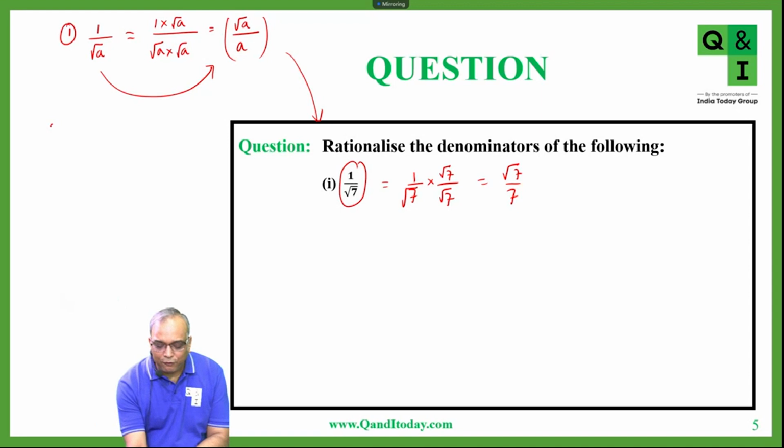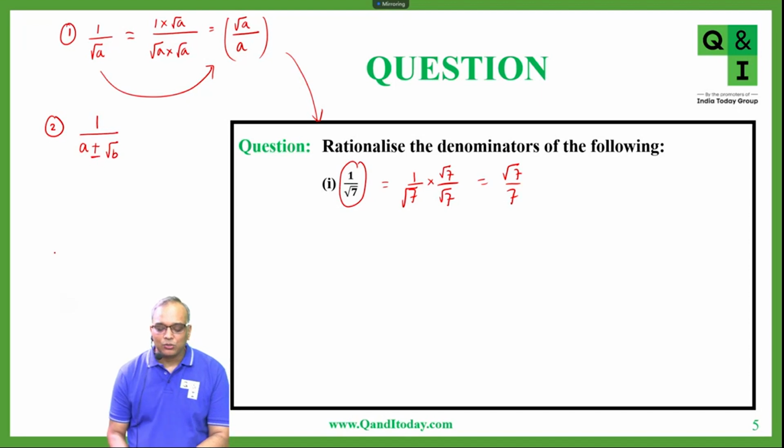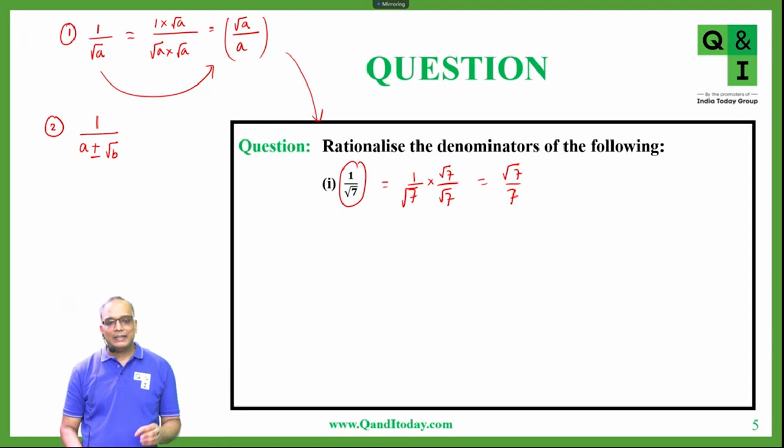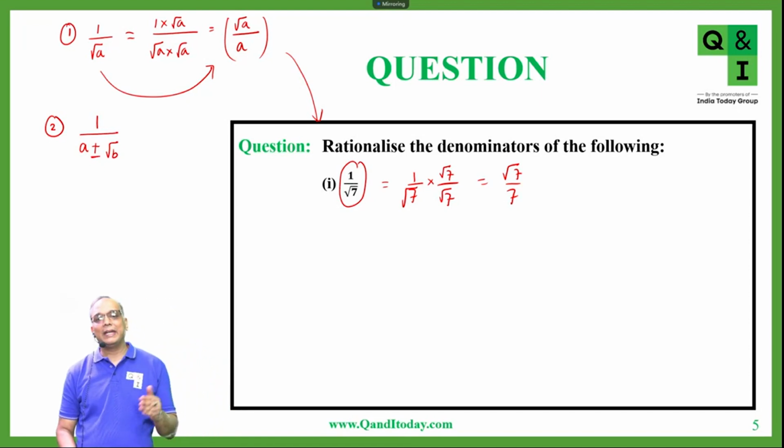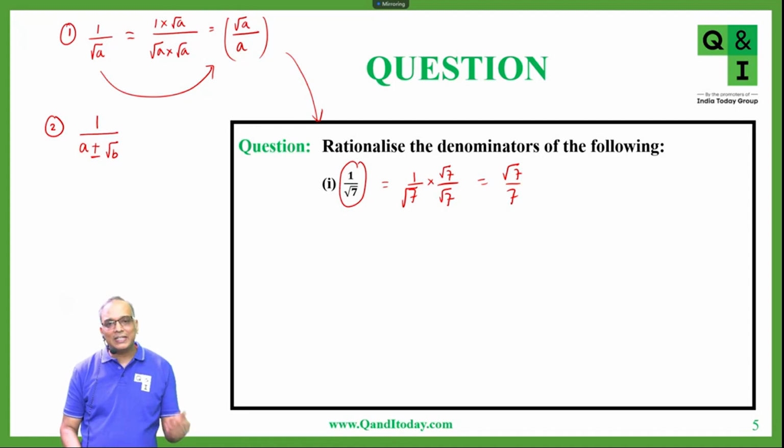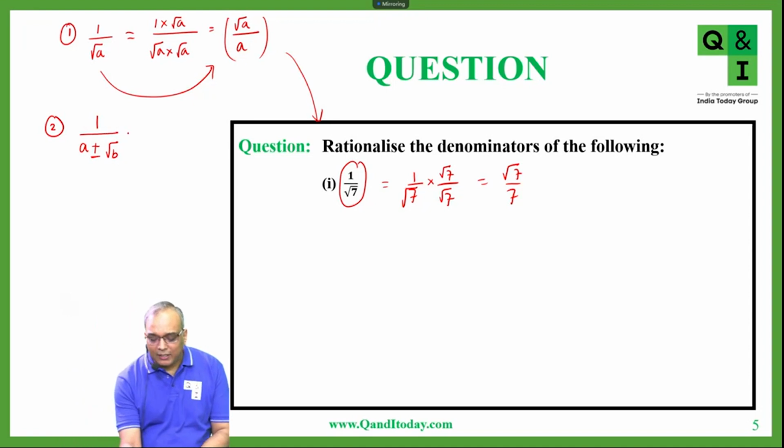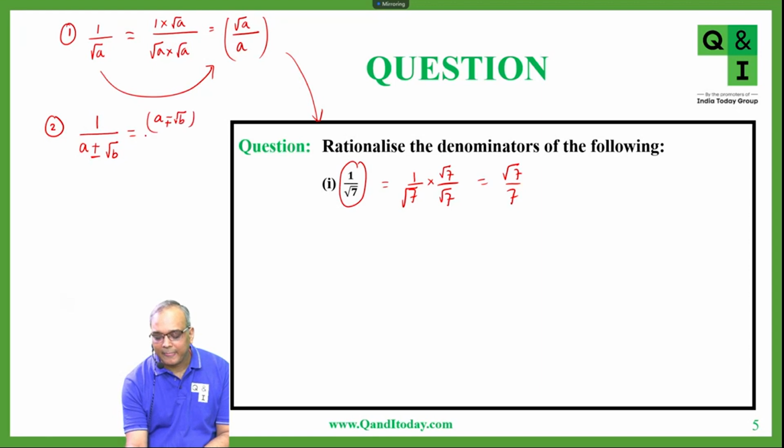Now, the other form, students, let's say if we have something of the form 1 by a plus minus root b. If we have 1 by a plus root b, then the conjugate would be a minus root b. And if we have a minus root b in the denominator, the conjugate will be a plus root b. So here we multiply both numerator and denominator by a minus plus root b.